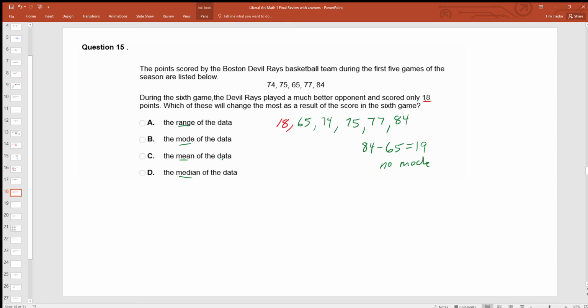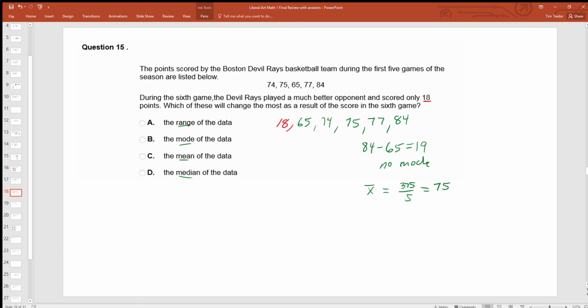Then for the mean, if I add up 65, 74, 75, 77, and 84, I get 375. For the average, that's x bar, which means mean, I'm going to get 375 divided by 5 numbers, and that's going to be 75.